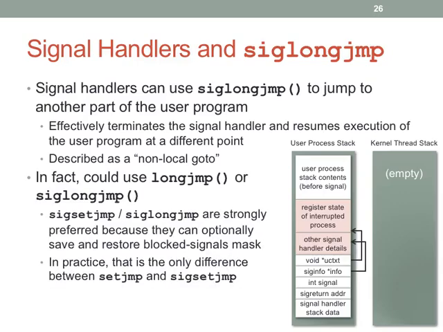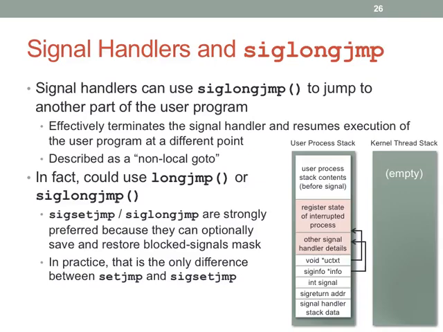It turns out that you can use longjmp or siglongjmp. In fact, it's pretty wild. I don't know if any of you have read the documentation for longjmp versus siglongjmp, but they basically say that functionally there's no difference between these two operations, except that siglongjmp may optionally restore the blocked signal bit mask.